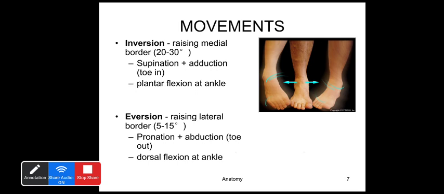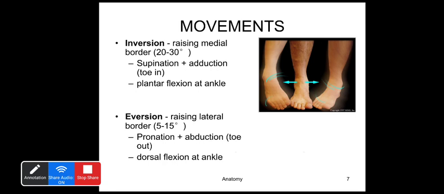So coming to the eversion, it is raising the lateral border of the foot. Of course, the range is 5 to 15 degrees. The range is very less comparatively to the inversion. So the combination of these is pronation, abduction at the forefoot, and dorsiflexion at the ankle.